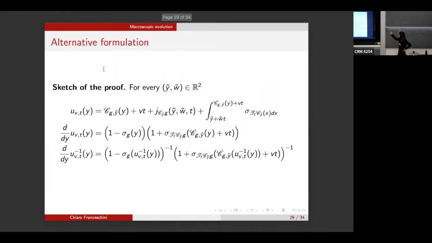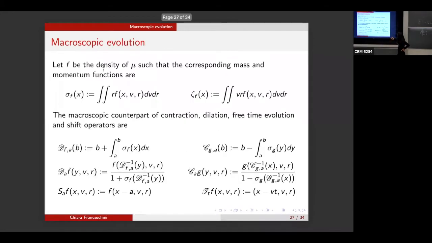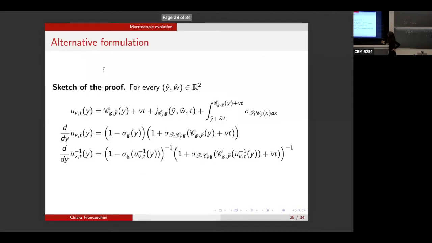So you take some derivative of the inverse. Maybe just to give some intuition, see that, for example, this term will produce the contraction because it's precisely this term of the formula. And similarly, the other one will produce the dilation. The 1 plus sigma is here. This is the time shift.